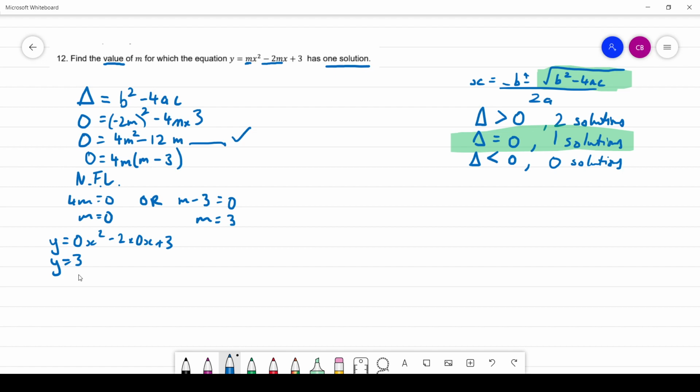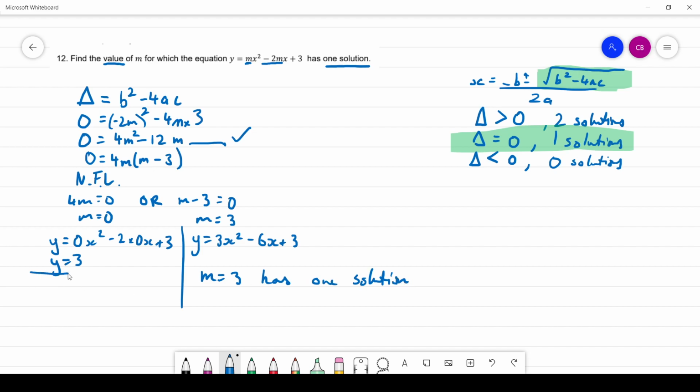Is this even a quadratic anymore? No, that's just a straight line. But if I sub in m equals 3, y equals 3x squared minus 2 times 3, which is 6x, plus 3, that is a quadratic, and that will have exactly one solution. So we want to say m equals 3 has one solution.